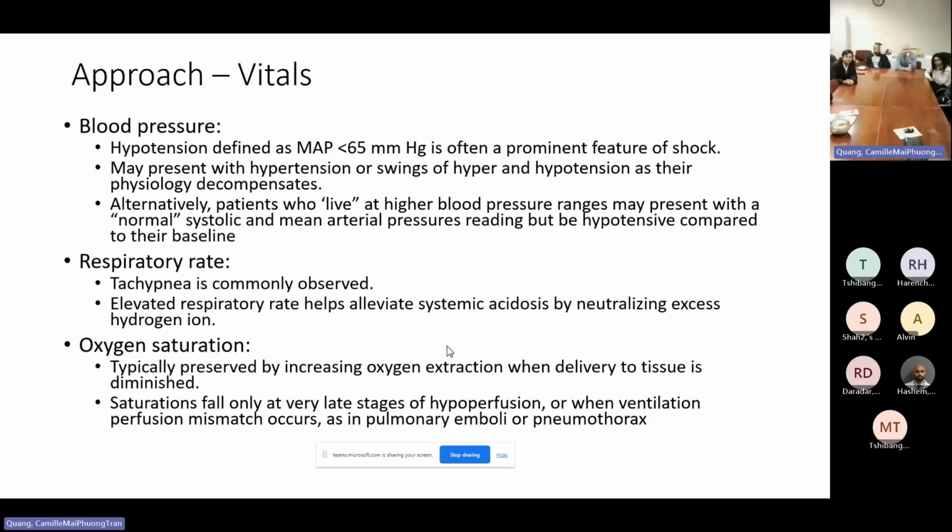And then their oxygen saturation is typically preserved by increasing the oxygen extraction. Remember those oxygen curves that we all loved in medical school? Only in very late hypoperfusion does our oxygen saturation decrease. And we also have to remember we can see these mismatches: pulmonary embolism, pneumothoraxes, all of these fun things.